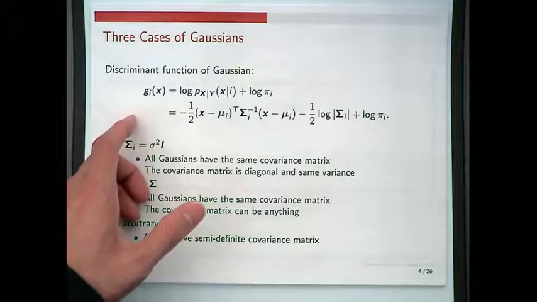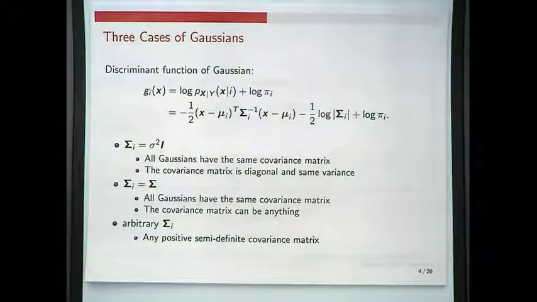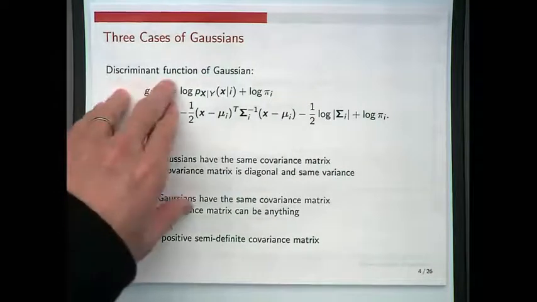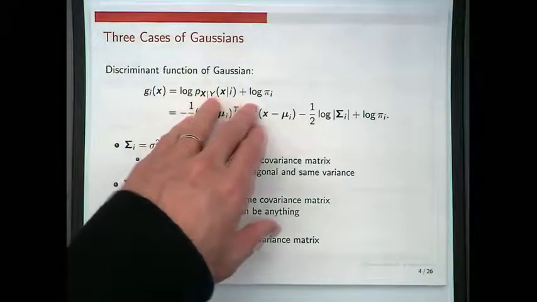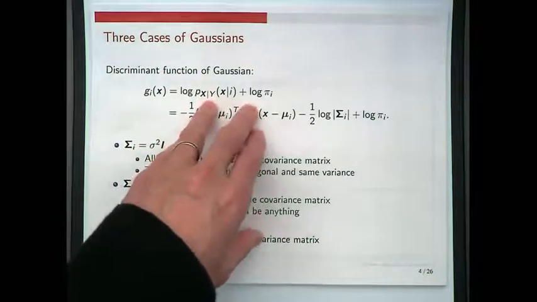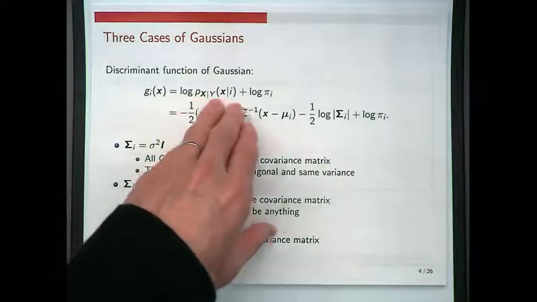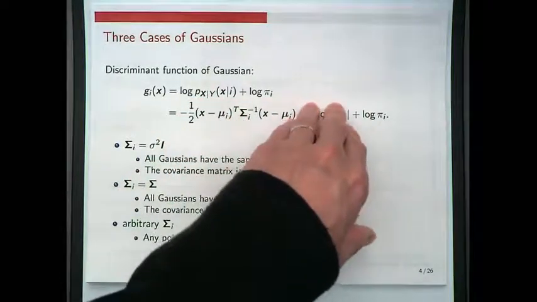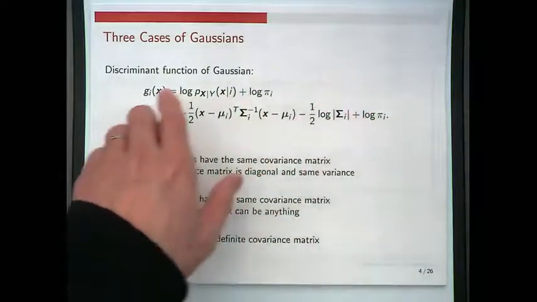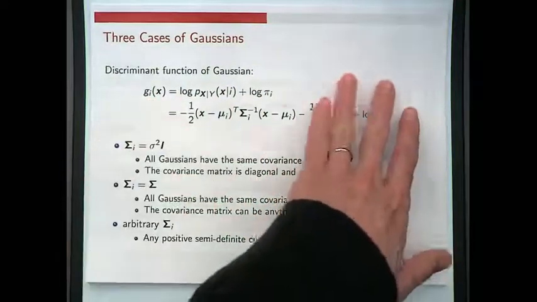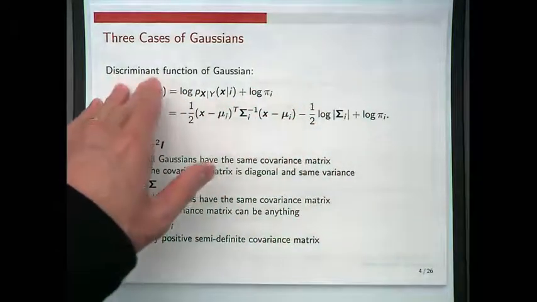And so at the back of the problem, you're solving an optimization by finding the class that maximizes the posterior probability. And so the discriminant function will just be the log of the posterior. Since Bayes' theorem says that the posterior can be written as the likelihood times the prior divided by the total probability, and the total probability has nothing to do with your i, you can drop that term. That's how we come up with this discriminant function.